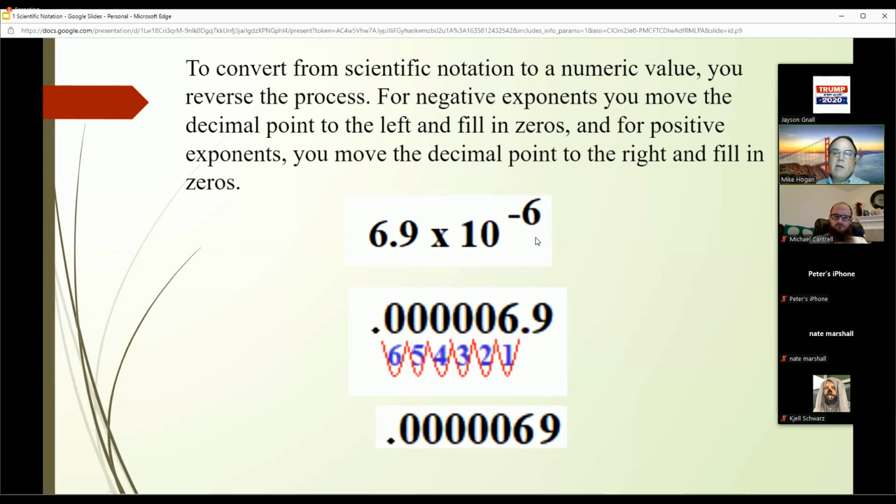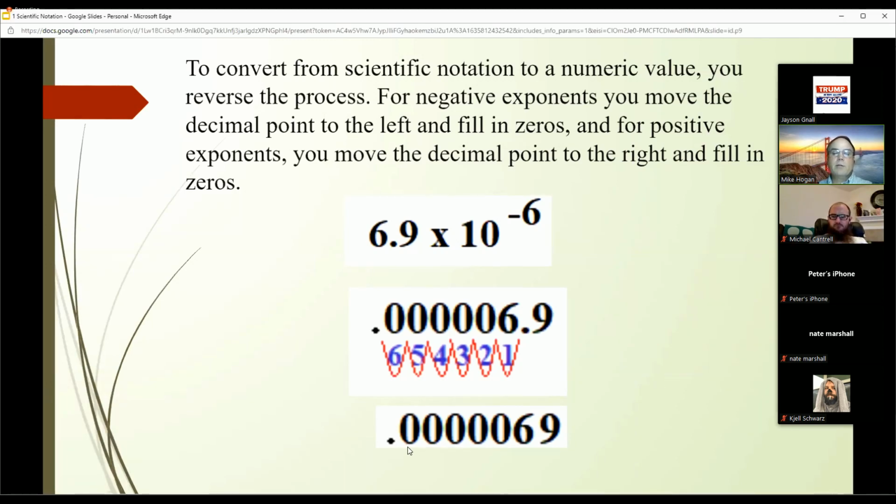Now, once again, what I know about this negative exponent is that this number is going to be less than 1. It's just the same process backwards. I write 6.9 down. I move the decimal place 6 places. Everything that's not a number already identified is zeros. I fill with zeros. And so there's my number, 0.00000069.